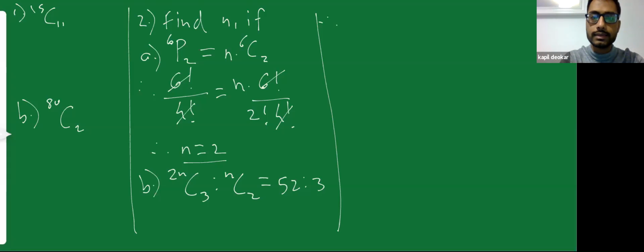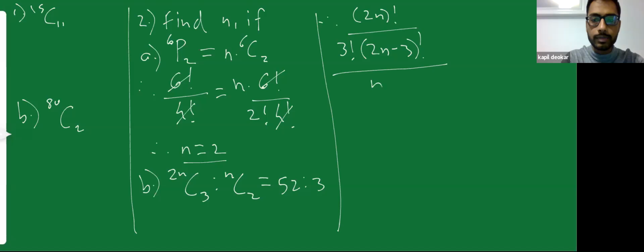So 2nC3 is going to be 2n factorial upon 3 factorial, that is r factorial, into (2n minus 3) factorial. This whole term is divided by nC2. Again, apply the formula, that is n factorial upon 2 factorial into (n minus 2) factorial, which is equal to how much? 52:3.